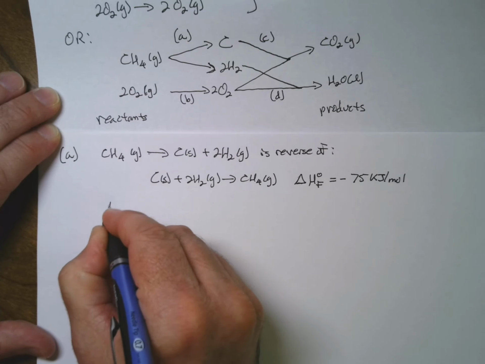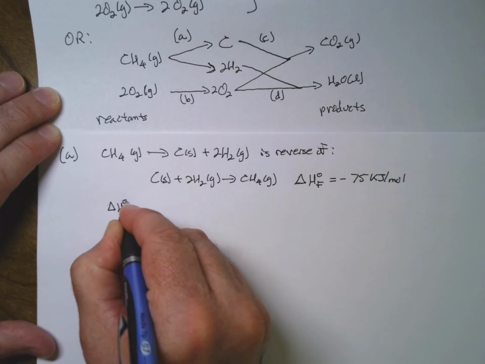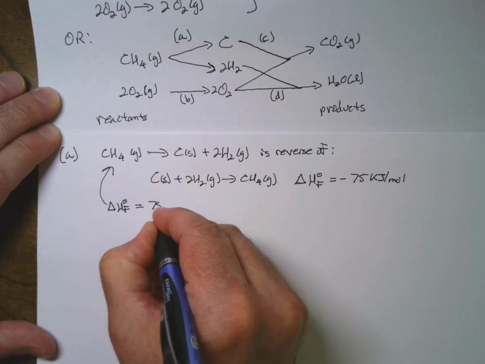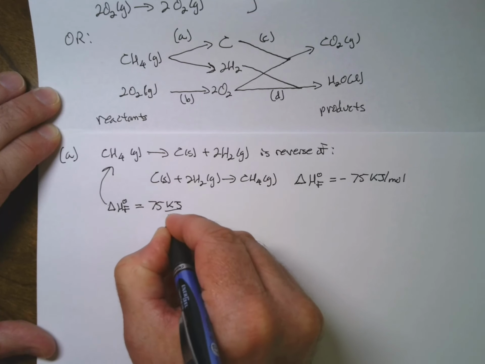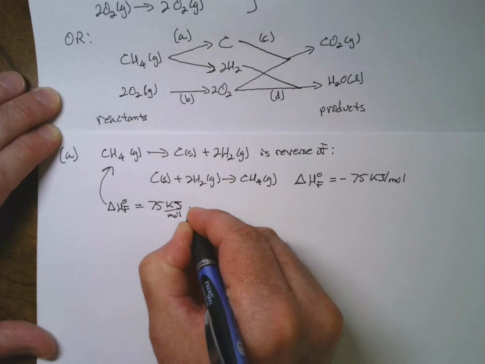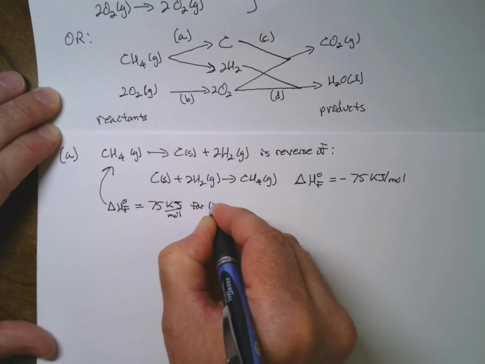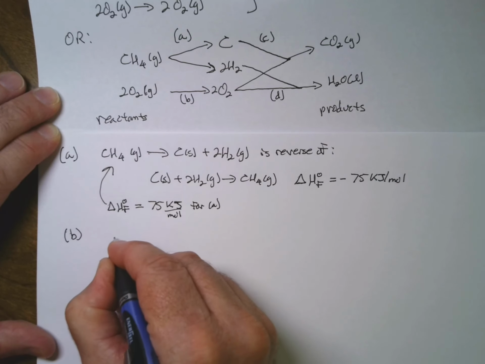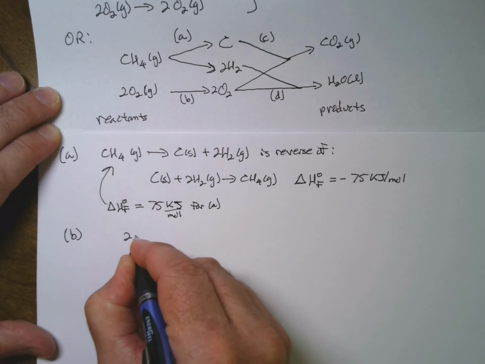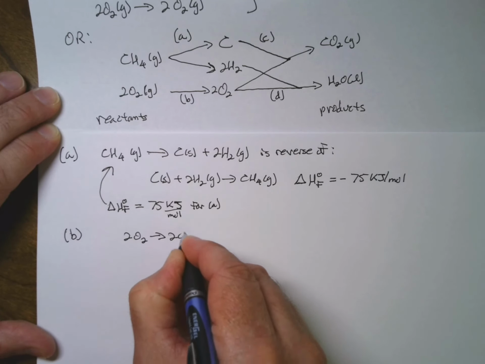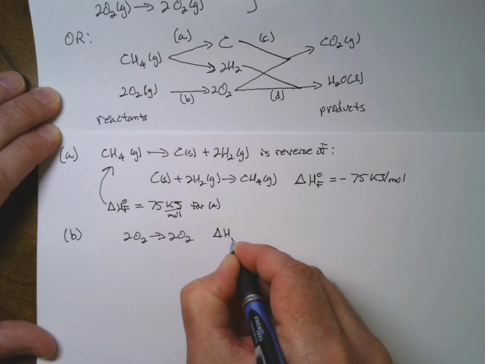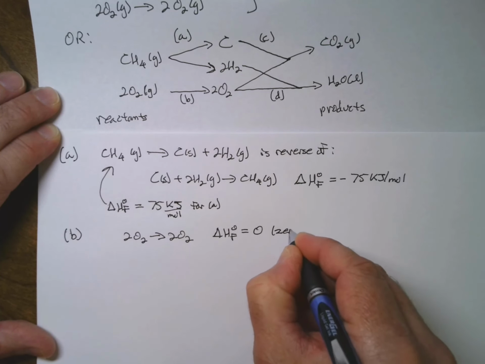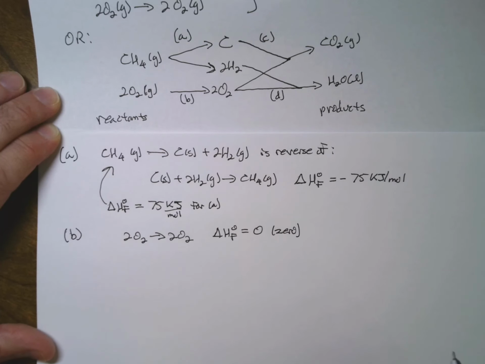So that means that delta HF naught for that guy is 75 kilojoules per mole. So we'll say for A. Now for B, we have 2O2 going to 2O2, so our delta HF naught is 0, because there's no change.